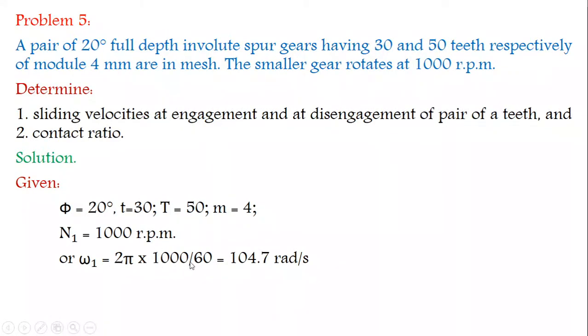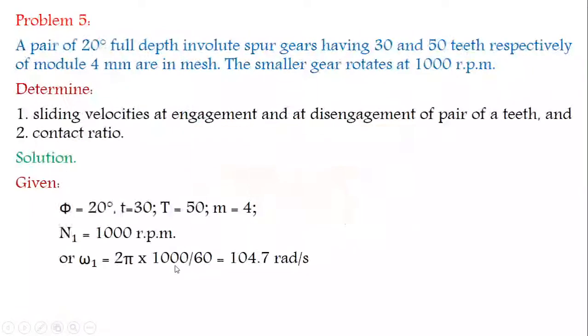Applying this value in the formula, we get omega 1 equal to 104.7 radians per second. And omega 2 divided by omega 1 equals capital T divided by small t. Using that relation you will find omega 2 also, we will find it later on.